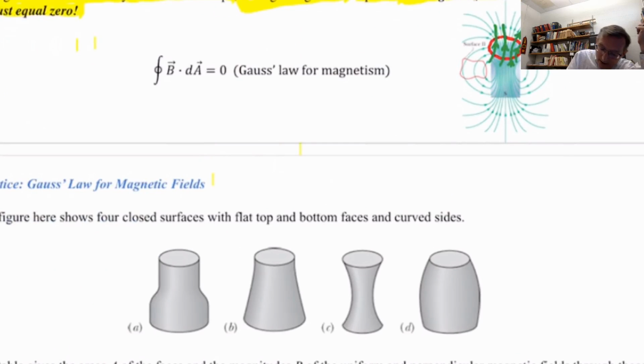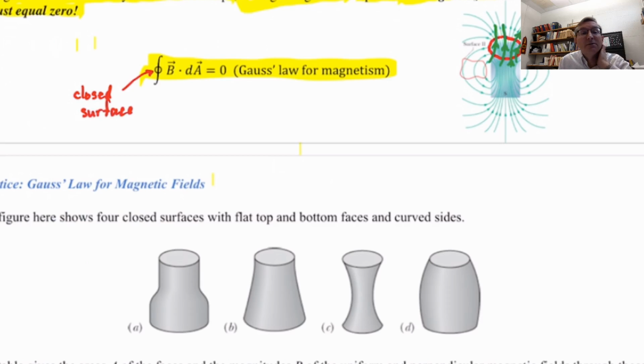So when you calculate the magnetic flux through a closed mathematical surface, and that's what the little circle there means, on the surface integral symbol, you will always get 0.